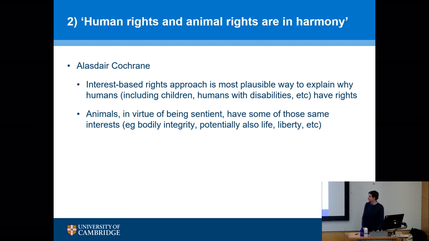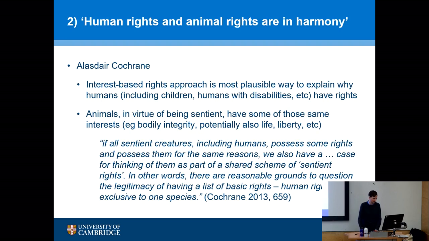But it turns out that animals have potentially rights for exactly the same reasons, right? They too are sentient, and they too have some similar interests. Bodily integrity, potentially life, liberty, and others, right? So what explains rights in humans, their sentience, their interest in certain things, also extends to animals. It logically also applies to anyone else who has the relevant sentience, the relevant interest.